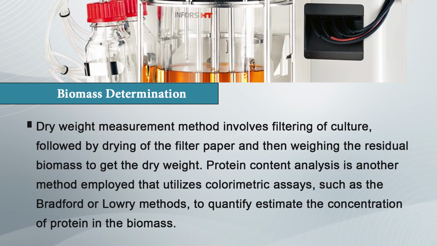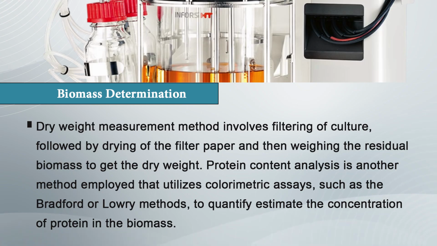The second one, protein content analysis. Protein content analysis is another method that is employed, which utilizes spectrophotometric or colorimetric assays, such as Bradford or Lowry method, to quantify or estimate the concentration of the protein in the biomass.